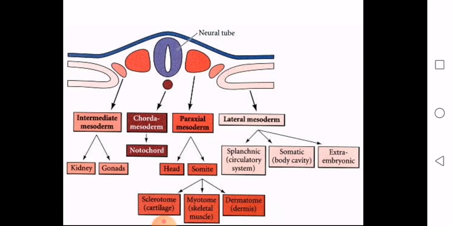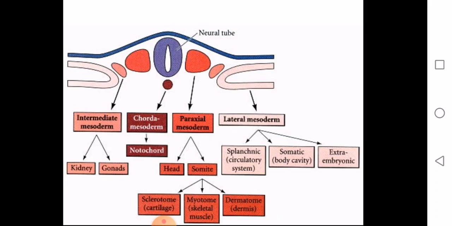The lateral most is the lateral plate mesoderm, giving rise to the splanchnic, somatic, and also some extraembryonic mesoderm. Now what is left? It is the intermediate mesoderm. All of you have identified the intermediate mesoderm. From the intermediate mesoderm, your entire genitourinary system arises. Your genital system and your urinary system are arising from the intermediate mesoderm.